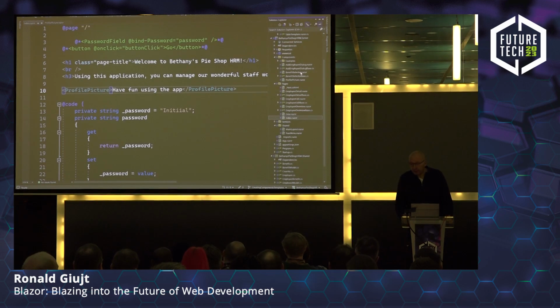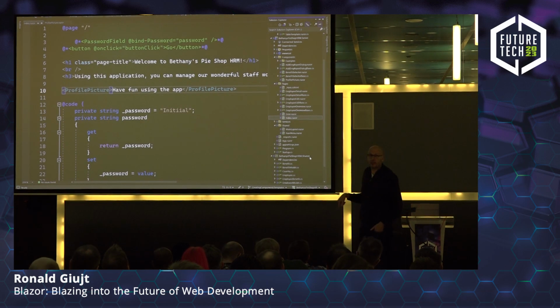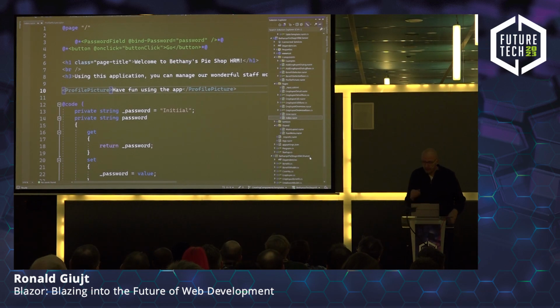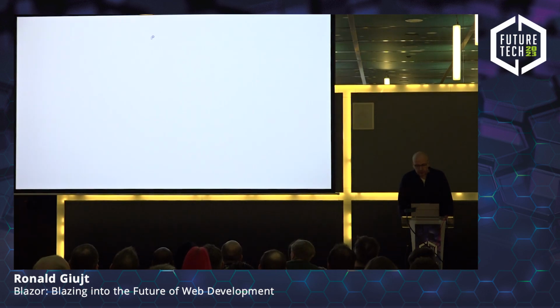Yeah, so this code is downloadable at my GitHub repository, so please download it. I don't have the time to show everything, but there is a nice component here called the benefit selector.